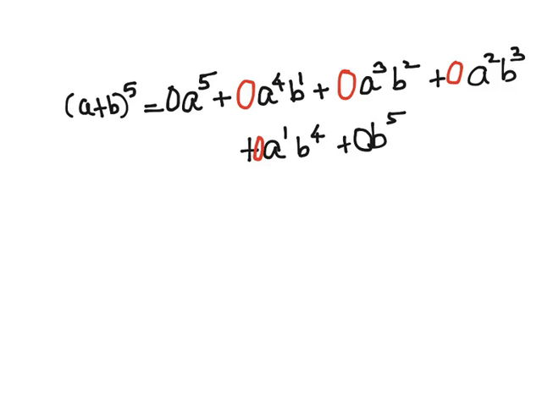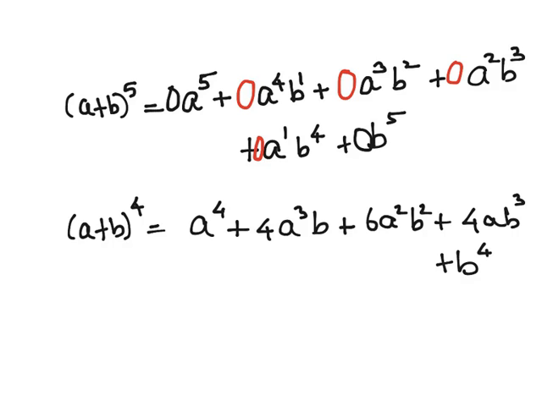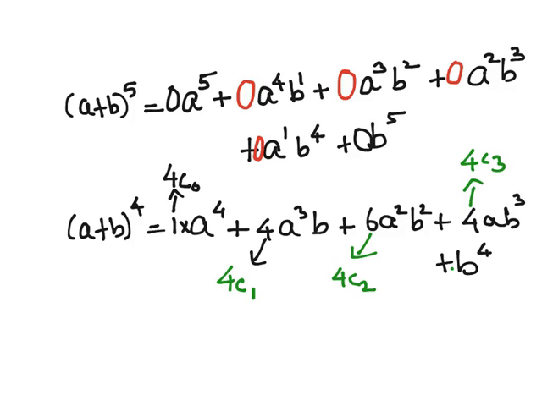Let me write a plus b raised to 4. Okay, so we have 1 here. I can write this 1 as 4c0, isn't it, students? I have 4 here. I can write this 4 as 4c1. And I have 6 here. I can write it as 4c2. I have 4 here. I can write it as 4c3. I have 1 here. I can write it as 4c4.